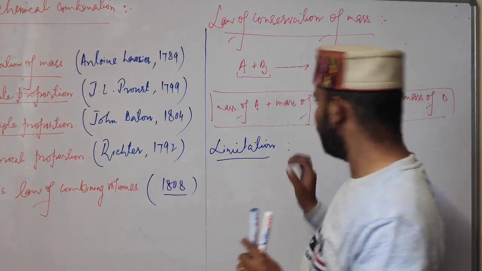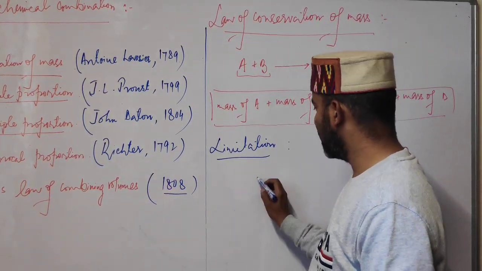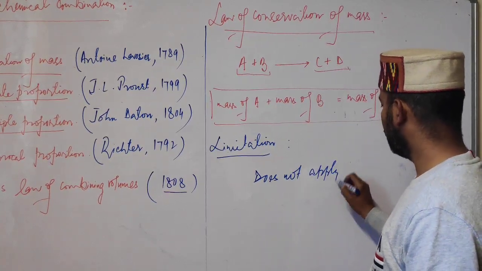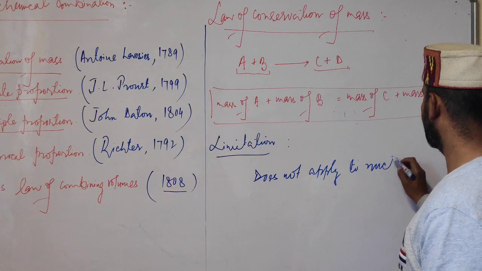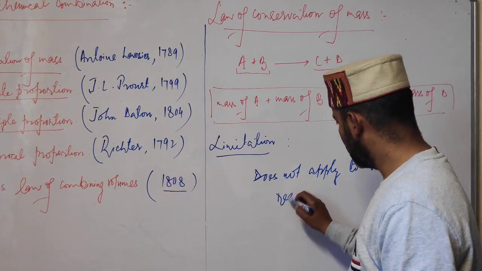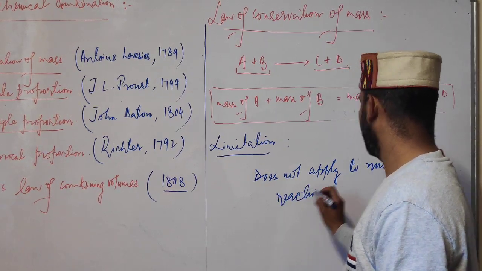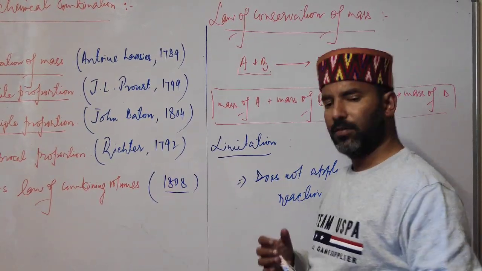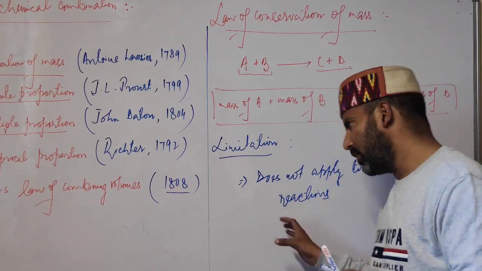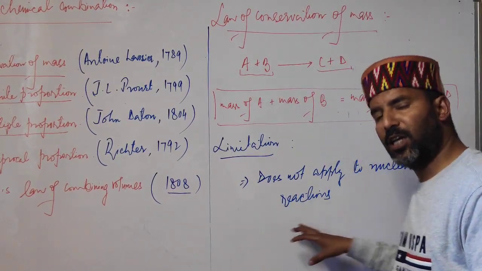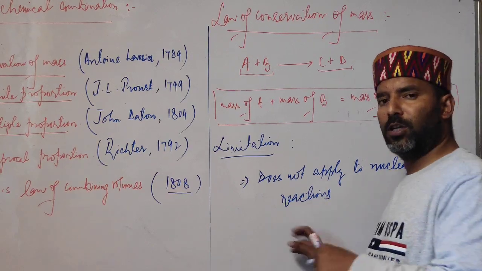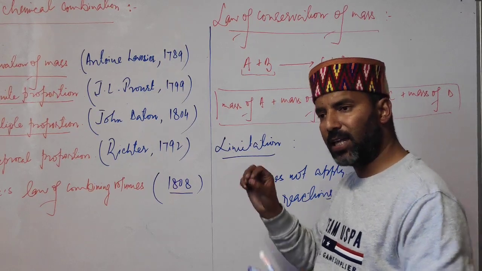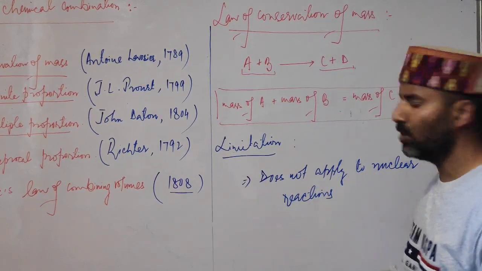So we have one limitation, that this law does not apply to what? Nuclear reactions. This law is not applicable to nuclear reactions because nuclear reactions involve a mass defect, which means when say nuclear disintegration takes place, the total mass of products and reactants will be different. There will be a difference in the mass, and that difference in mass actually gets converted into energy.